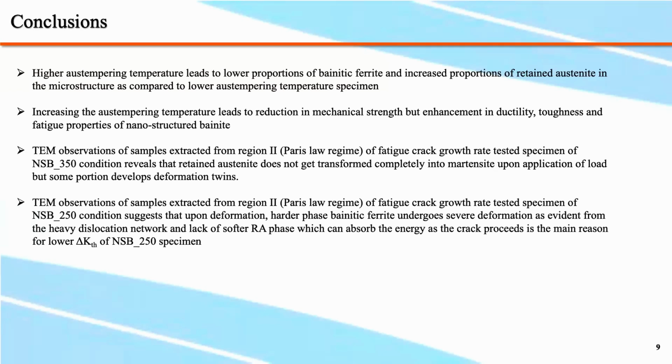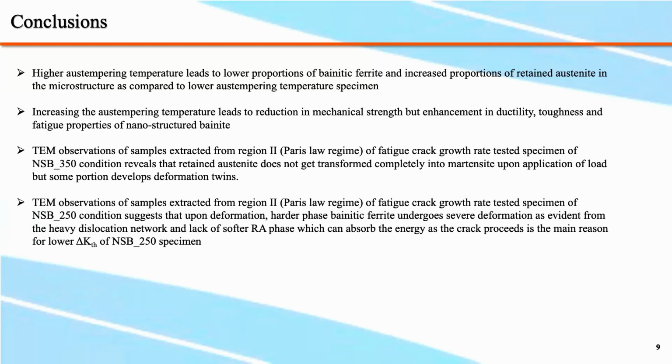Further, in addition to the prevalent theory of transformation of retained austenite into martensite upon deformation, there is another factor, which is the introduction of deformation twins that also accompanies the transformation of this retained austenite to martensite in order to resist the crack growth in such a sample.